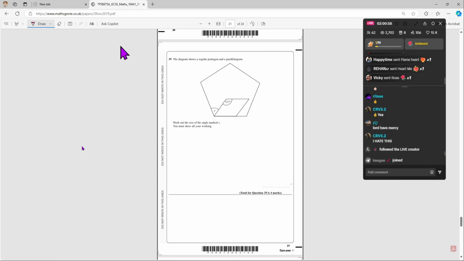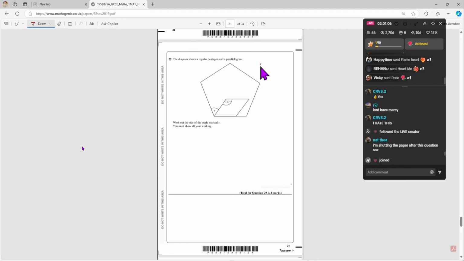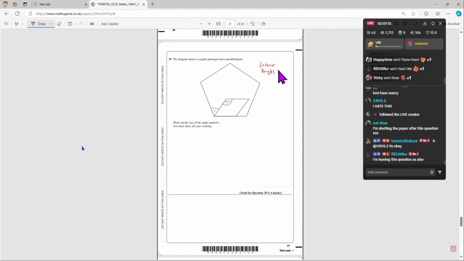So the first thing you would do is that you know that we have a regular pentagon, so we're going to use our formula for finding exterior angles. The formula to find an exterior angle is 360 divided by n, the number of sides.